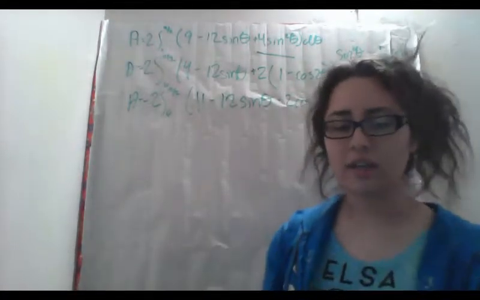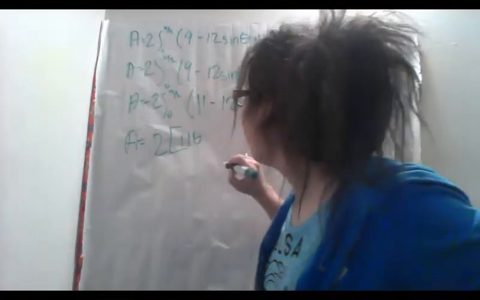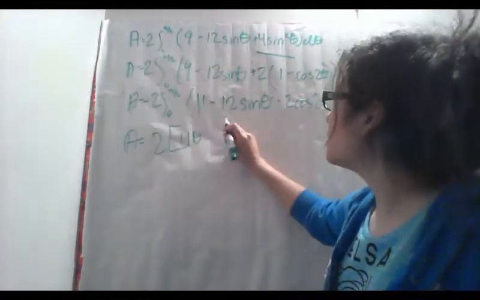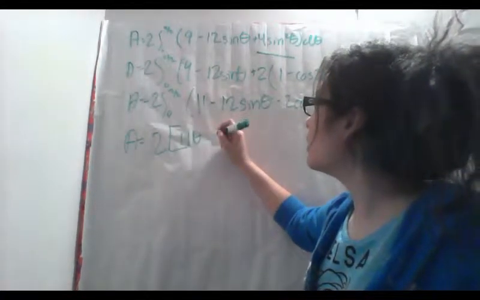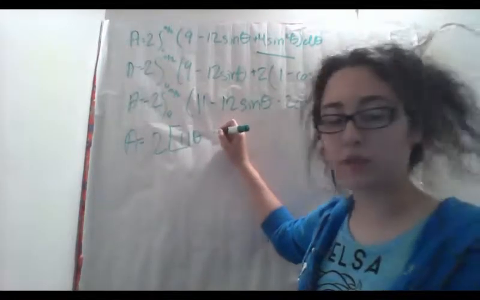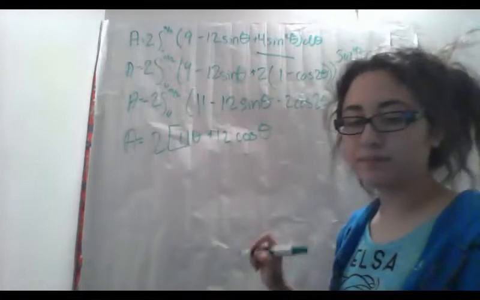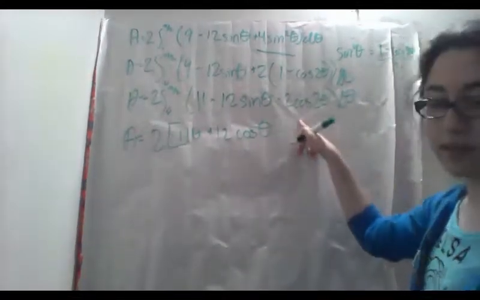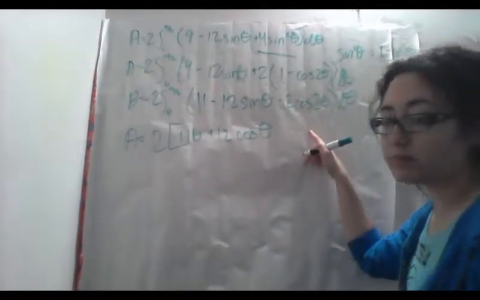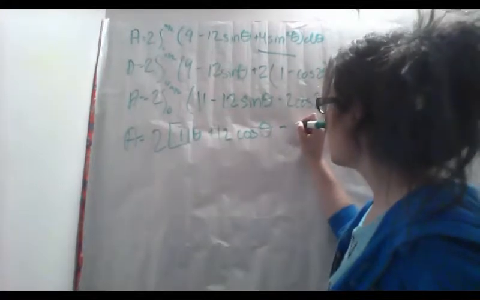I don't know how I make it through the day at school. So, now we integrate. A equals 2 times 11 theta plus 12 cosine theta, and then we can find this part, so it's minus sine 2 theta.